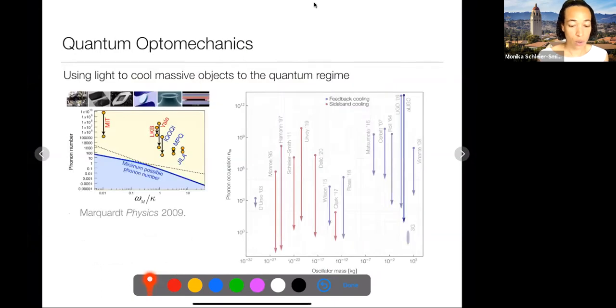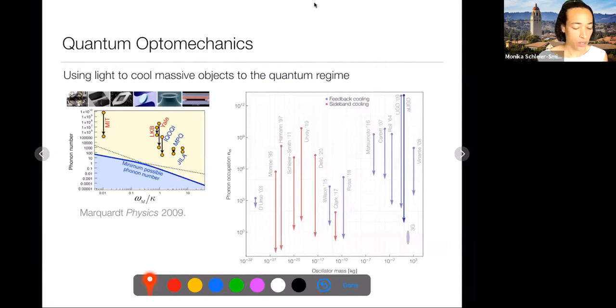And there's been a flurry of different experiments over the past 15 years or so, trying to take massive objects and get them to lower and lower temperatures, closer and closer to their quantum ground states, and in fact into their quantum ground states.